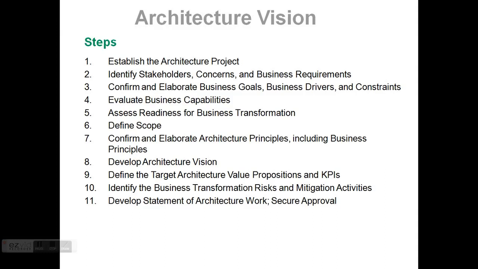Now at point 7, we are talking about reviewing the principles under which the architecture is to be developed. Architectural principles are normally based on the principles developed as part of the preliminary phase.